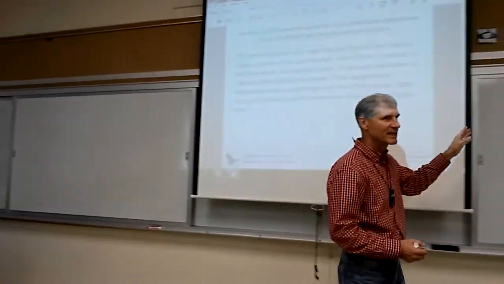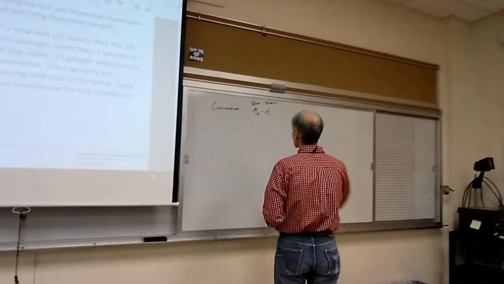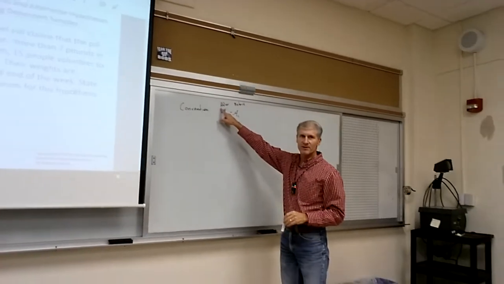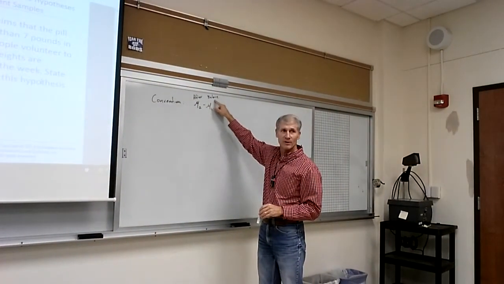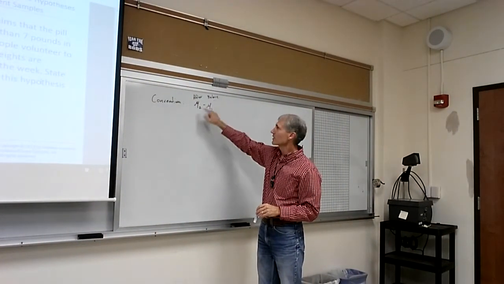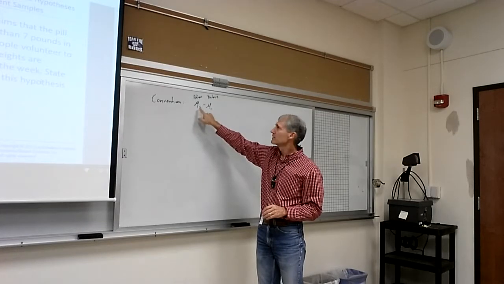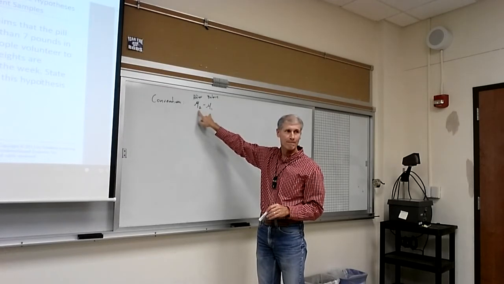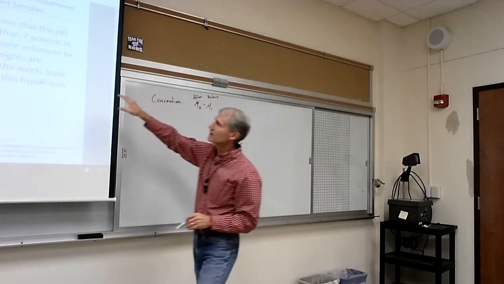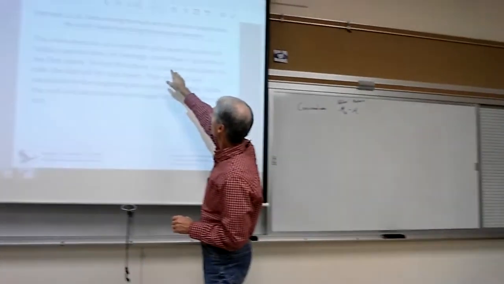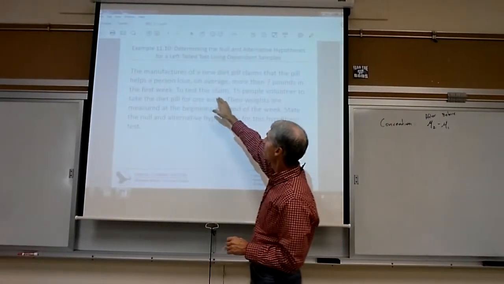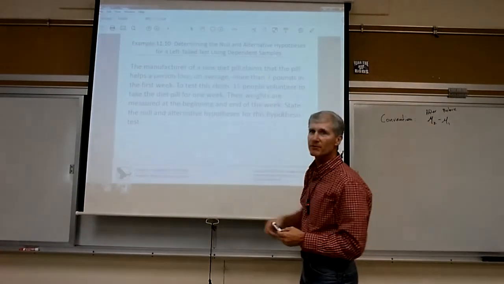What does the convention say? That sample 2 is the after, sample 1 is the before, and we're going to do the subtraction in this direction. Okay? So let's look at that claim. They claim the new diet pill will help a person lose more than 7 pounds.